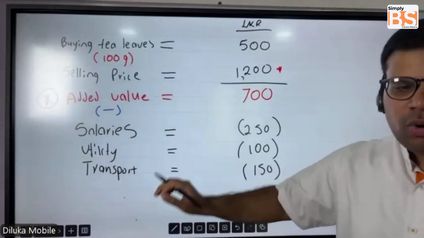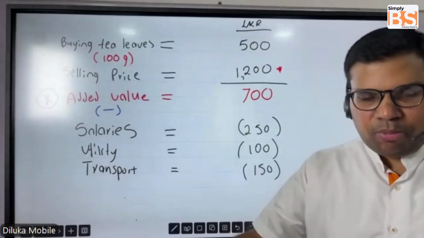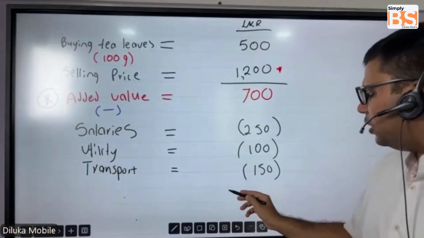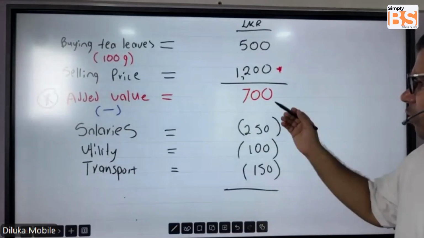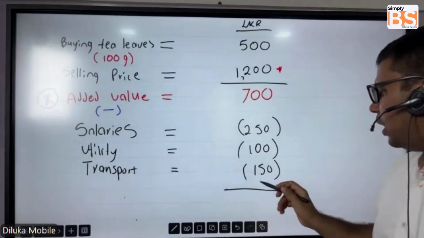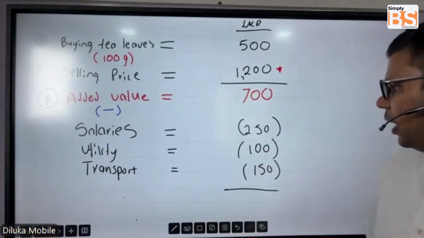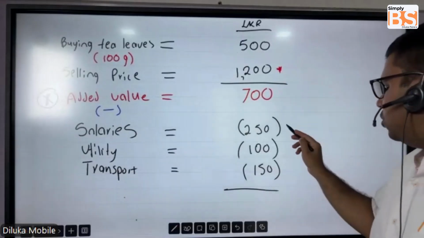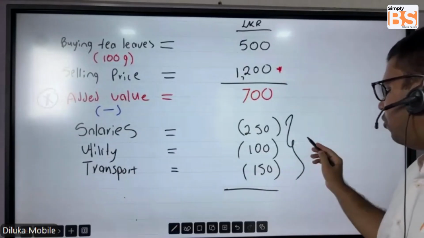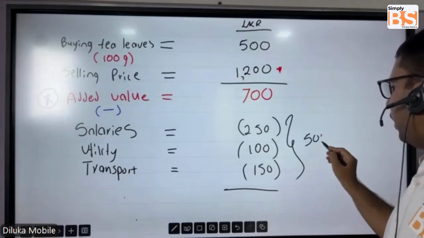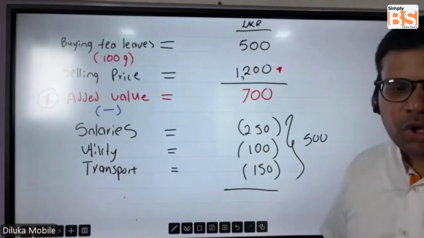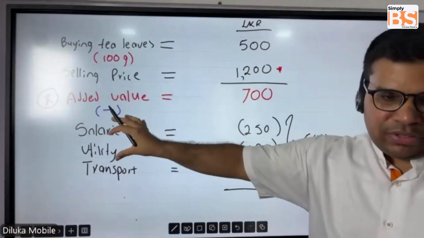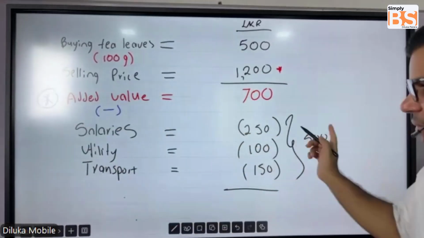I've taken only three sets of components, right? So if you deduct everything, how much? From 700, you have 200, 300, 400, 450, 500, right? So this constitutes 500. From added value, you have to deduct other expenses which you incur, which is 500 rupees.